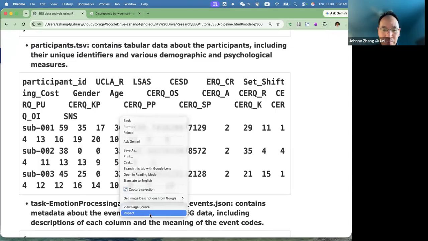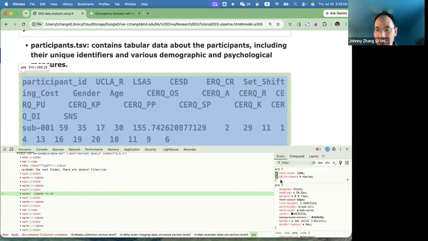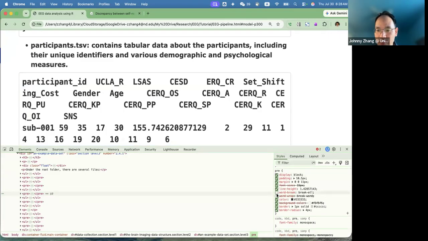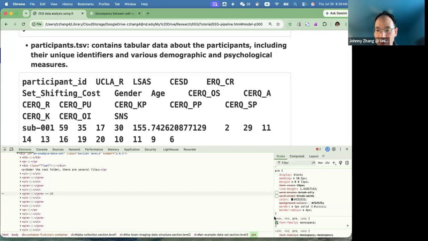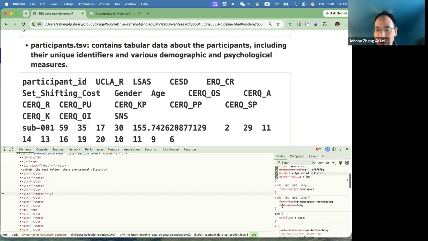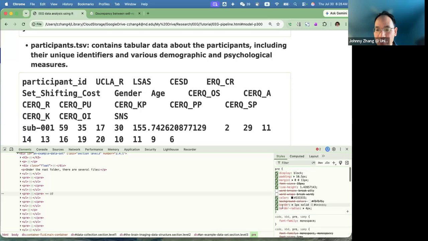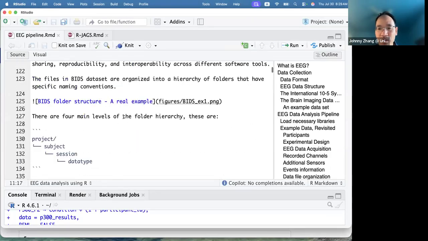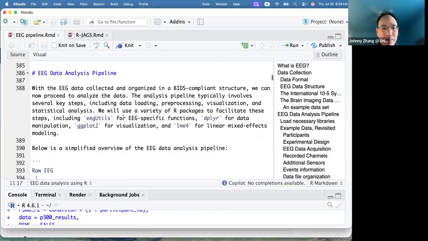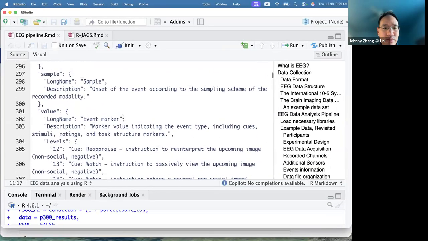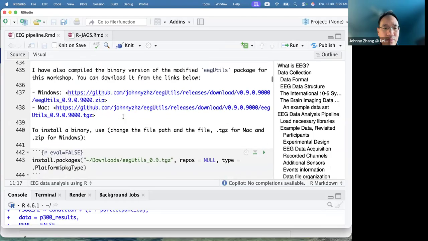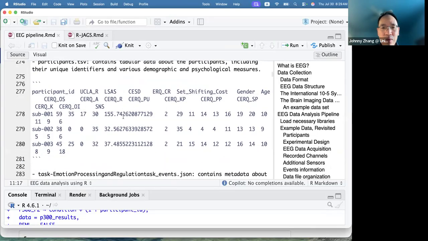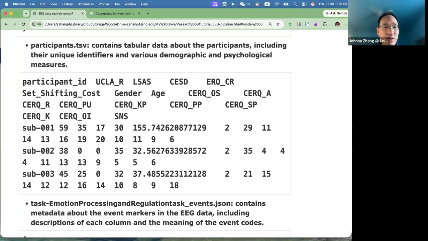It's a little bit difficult to read, but let me see if I have this. I hope it's on the same row.